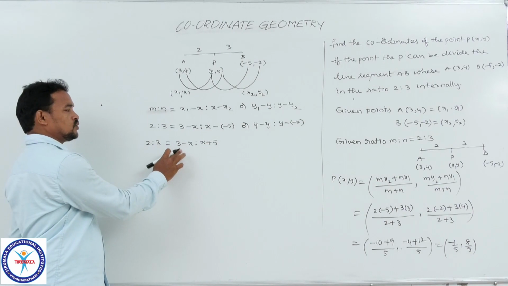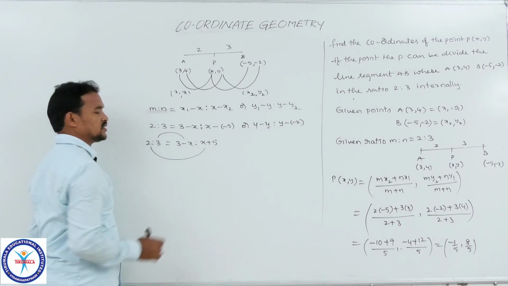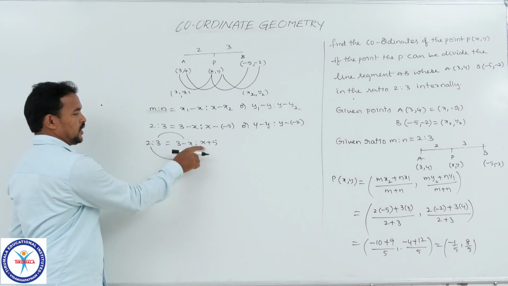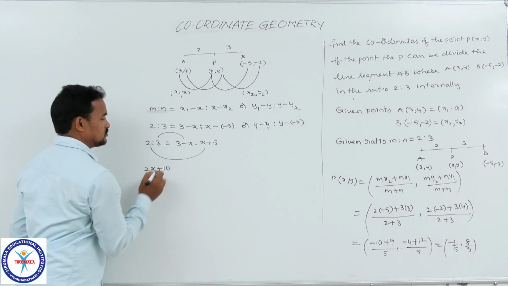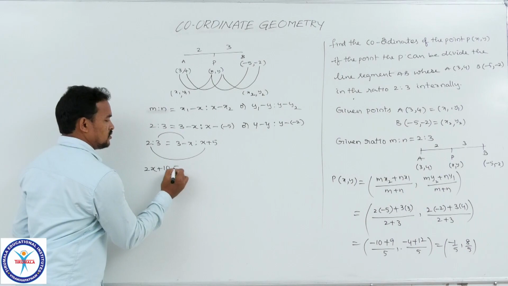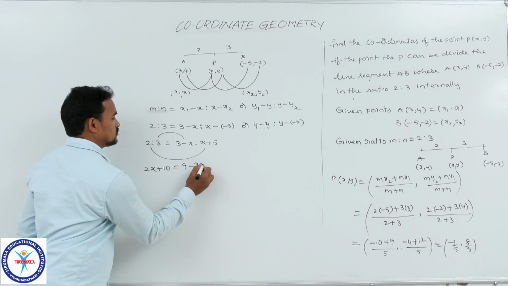A is to B equals C is to D, then AD equals BC. AD means 2 into x, 2x, 2 into 5, 10. BC means 3 into 3, 9, 3 into x, 3x.